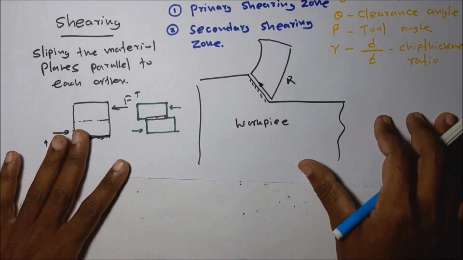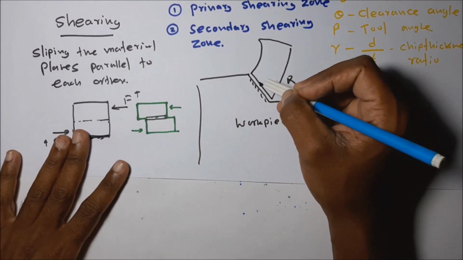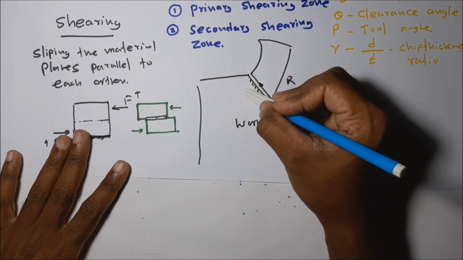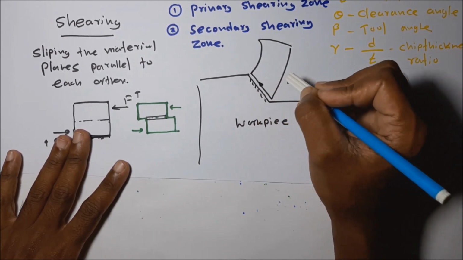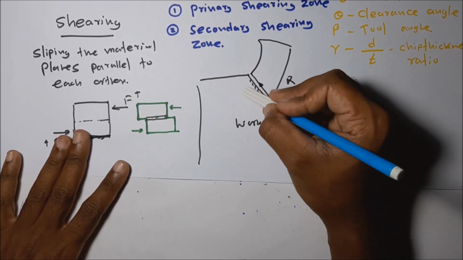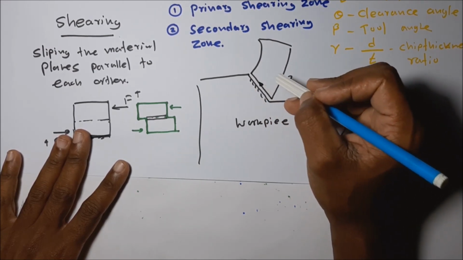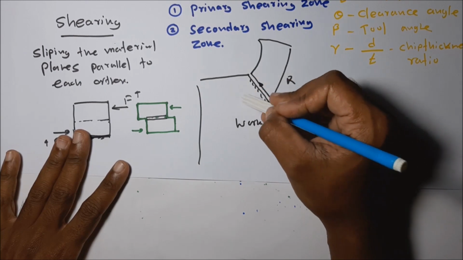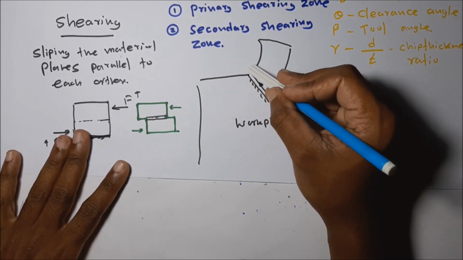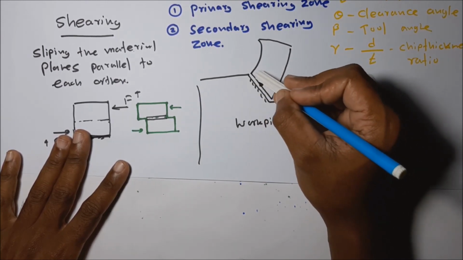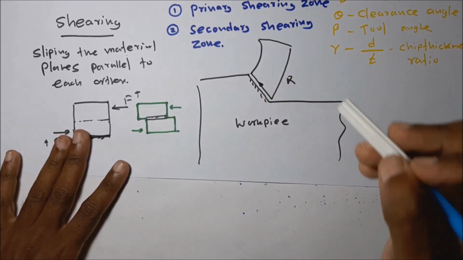So it is a very high heat generating action. This is called the primary heat generating zone, because of the shearing friction, higher heat is generated in this region.